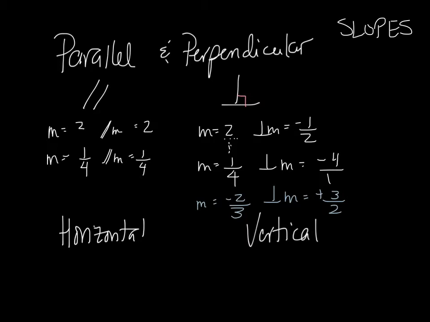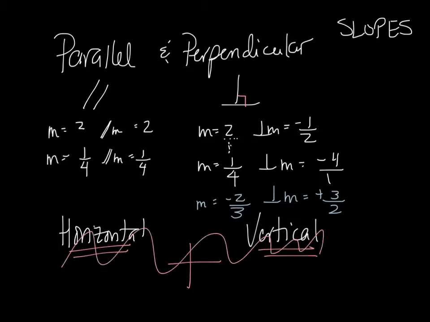It's also important that we remember that horizontal lines and vertical lines are like our axes, the x and y axis. Let's take that to the next page. Horizontal lines go this way, vertical lines go this way. This is like the x-axis, but at the x-axis, y equals 0.